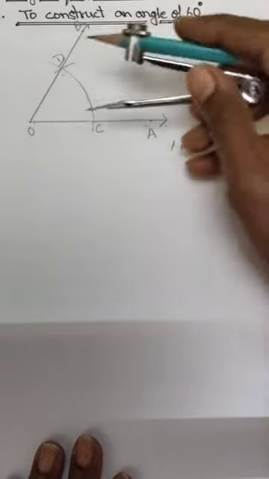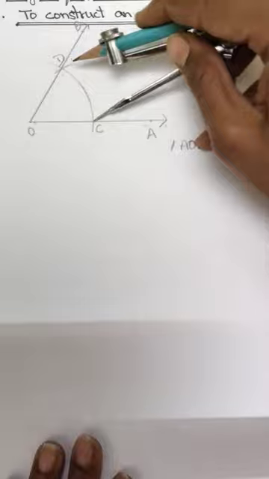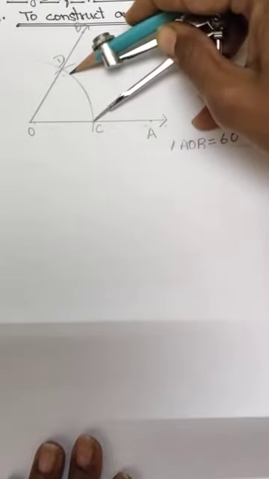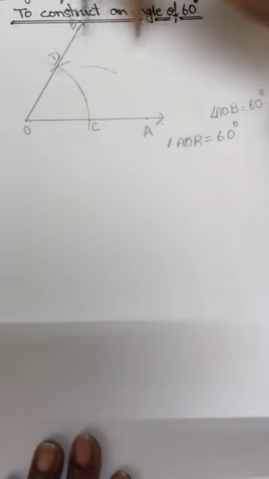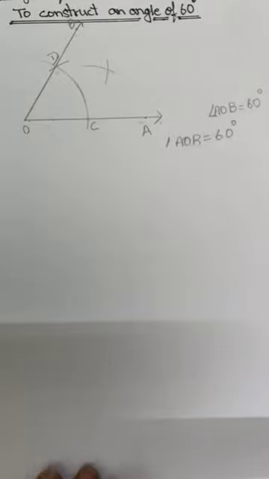Open your compass. First of all you have to draw the angle of 60 degree. Now open your compass more than half of CD. Draw one arc from C and one arc from D to cut the previous arc.